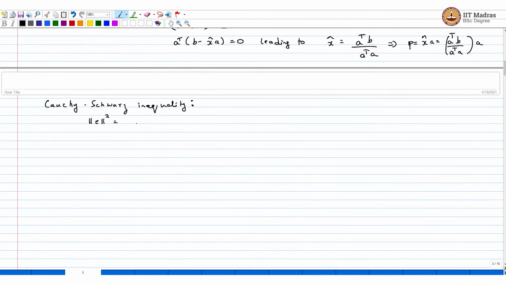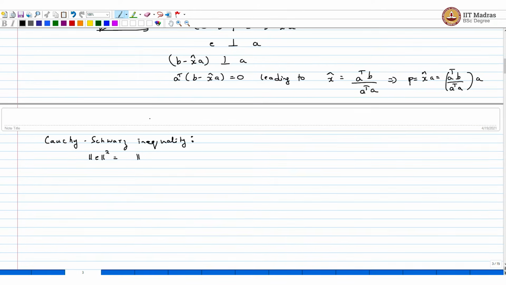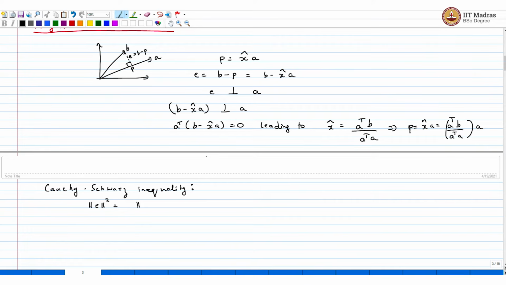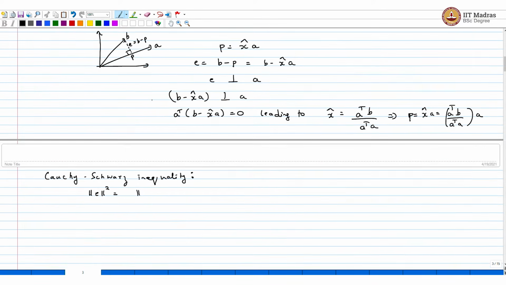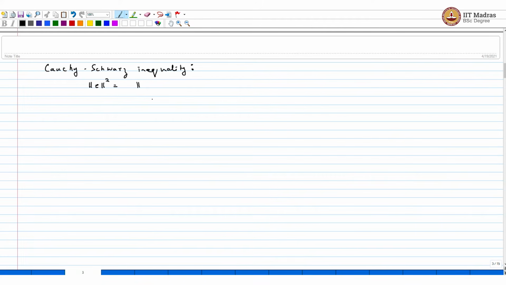We know that this is the length of the vector E, which is here if you look at this figure, and that's a positive length quantity, and so I can write this as B minus P. This I know is greater than or equal to 0.